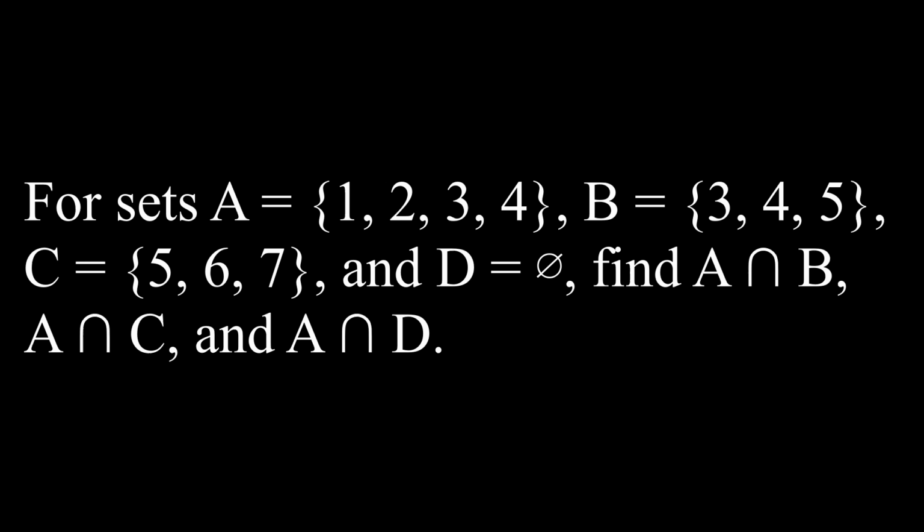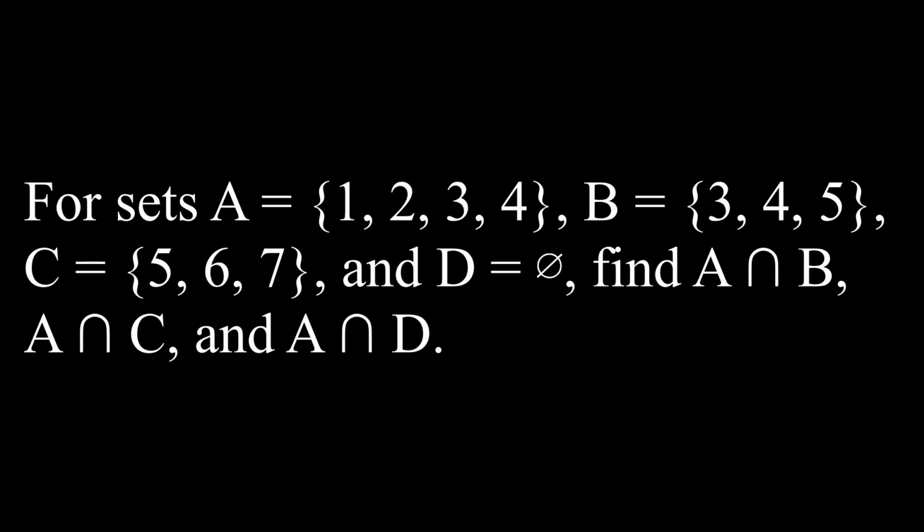C is set 5, 6, 7. And finally, D is the empty set, which you can denote either with the line or the empty brackets. The long and short of it is D is empty here.